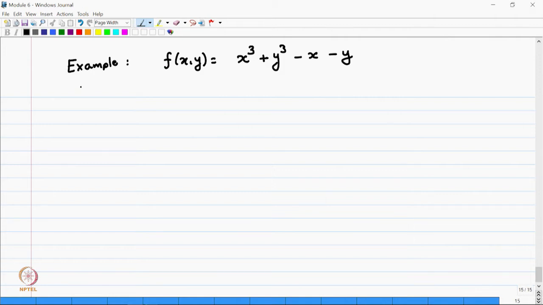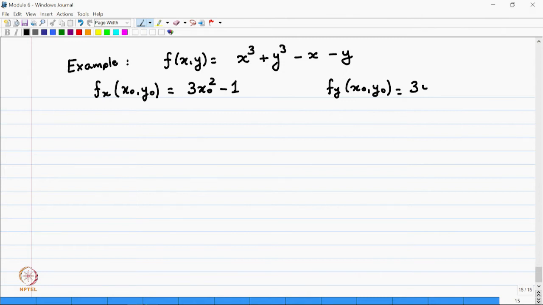If you want to identify the critical points, f_x(x0, y0) is equal to 3x0² − 1, and f_y(x0, y0): the first term is independent of y, so it will not contribute.